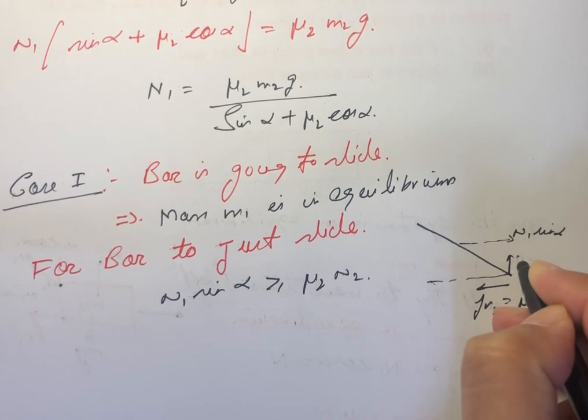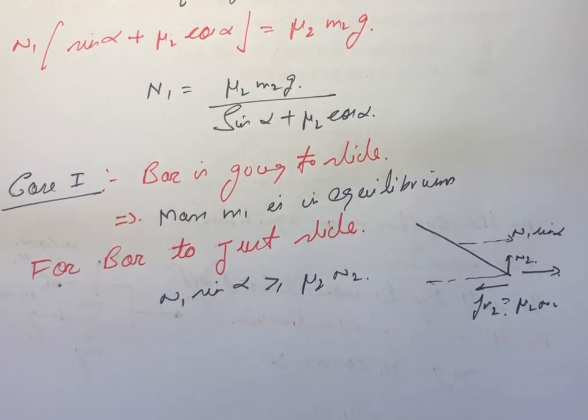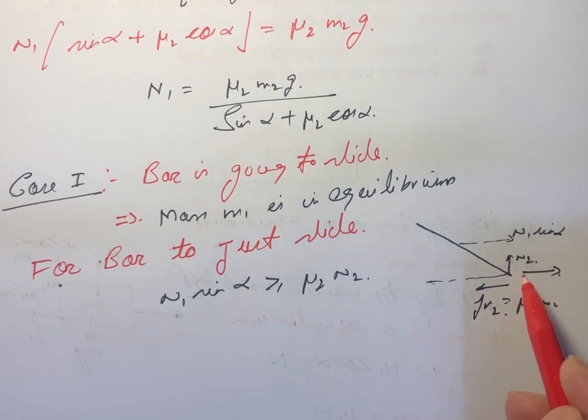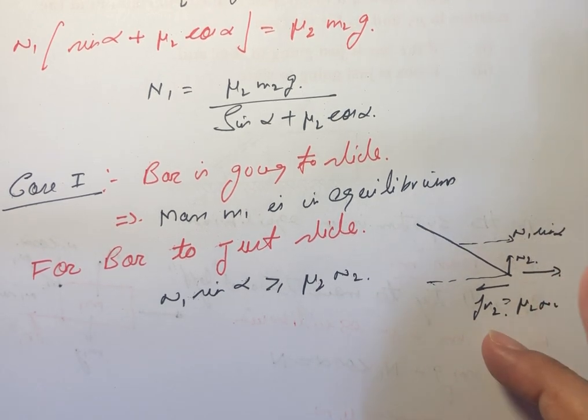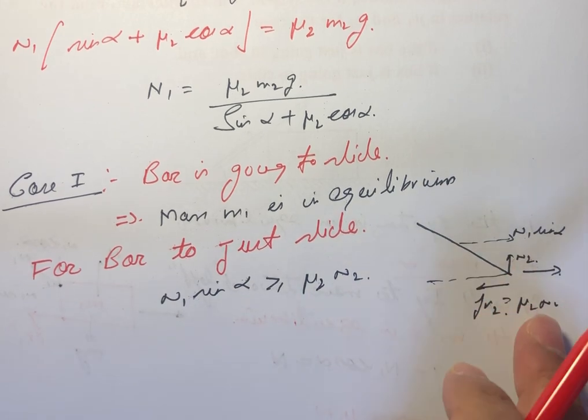Here the direction of normal is n2. From here we can say that it is going to slide if n1 sin alpha, that is the force, is greater than or equal to the frictional force Fr2, the limiting value or maximum value. Under this condition it is going to just slide.